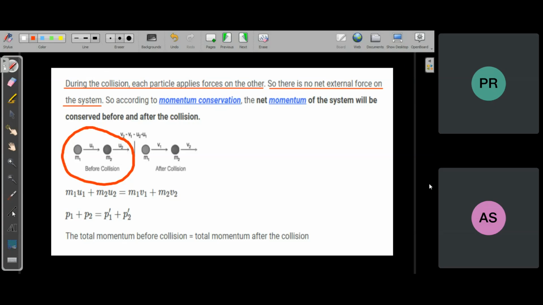So because in most collisions there is no external force, momentum is conserved. Or you can say that whenever there is no external force during a collision, the momentum of the system will remain conserved according to the law of conservation of momentum, because momentum changes only when there is some external force acting on the system.